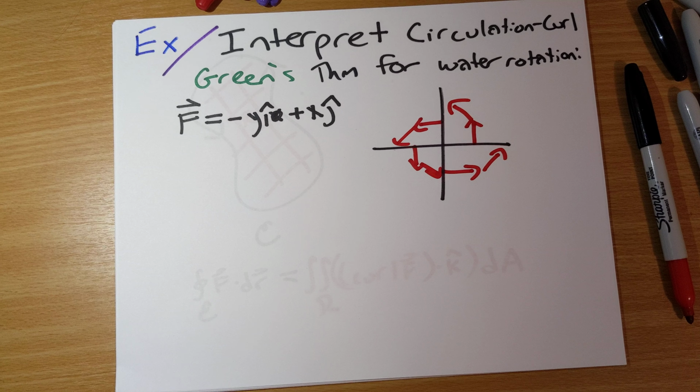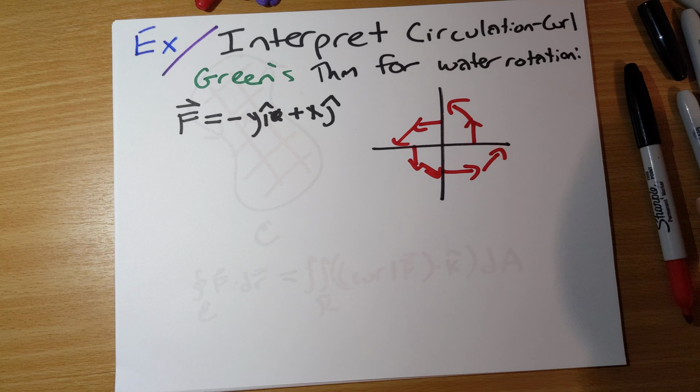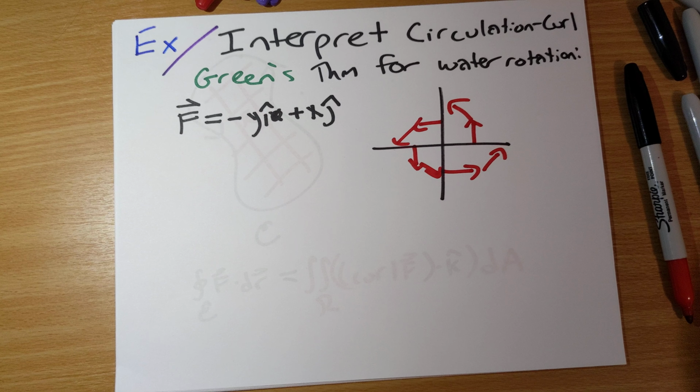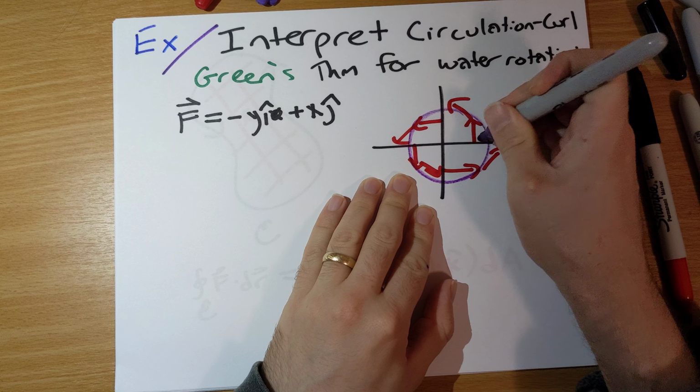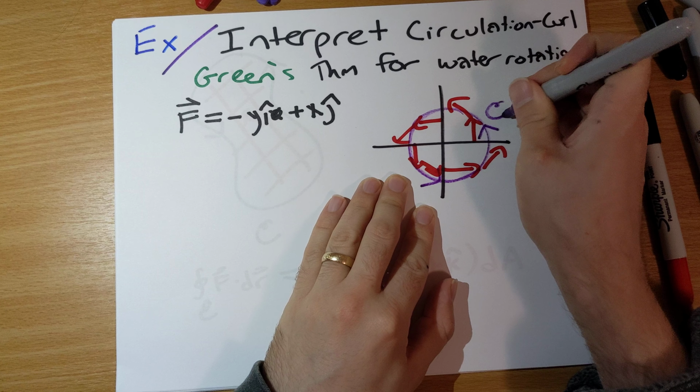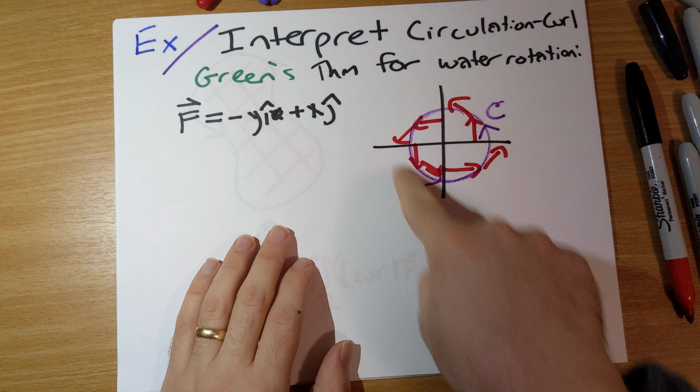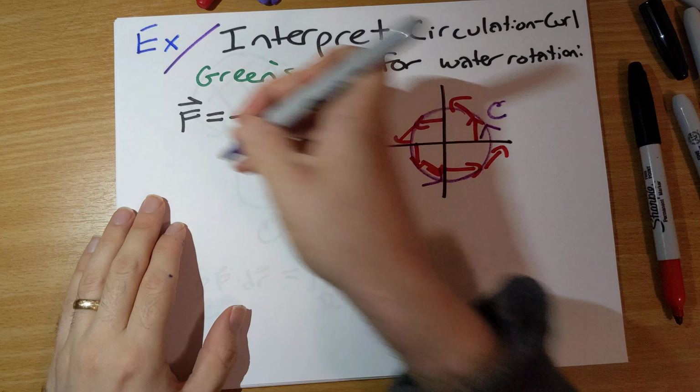Okay, so this is a rough sketch of what this vector field would look like. Then we also want to draw our curve C here, and we'll do the unit circle.